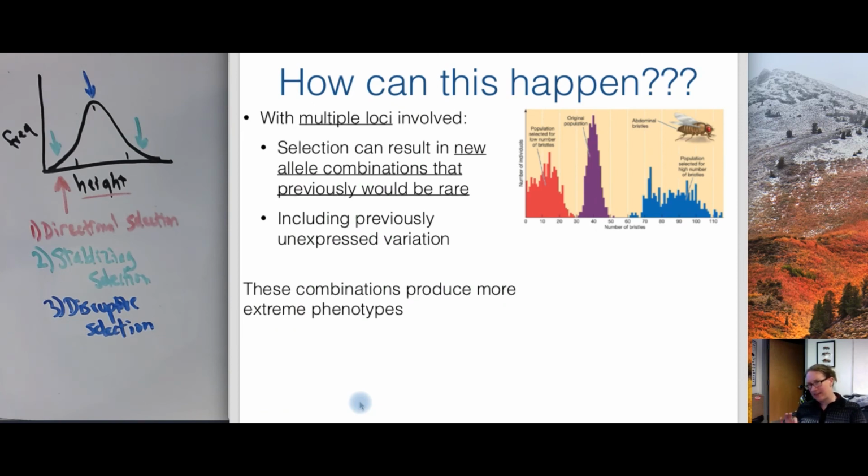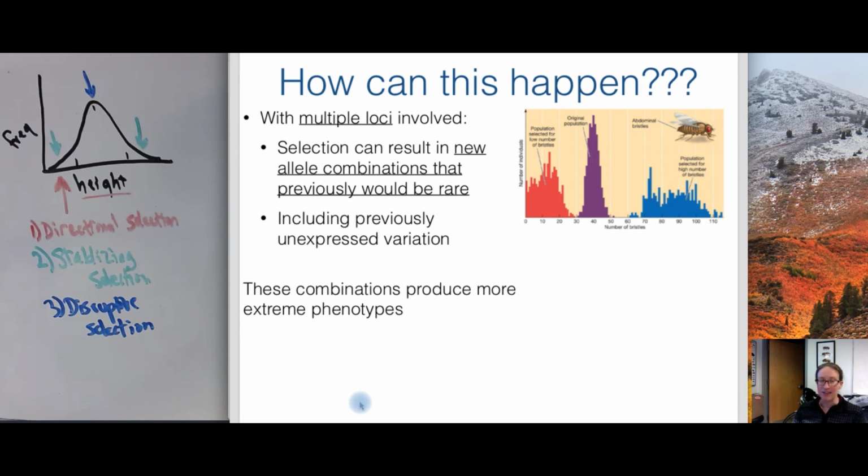Here's the thinking, and this is going to come back to an idea I hinted at previously. Remember, we're talking about traits that are polygenic, so there are multiple gene loci involved. What's happening is, as a result of selection, we're now seeing new allele combinations that previously would have been very rare.